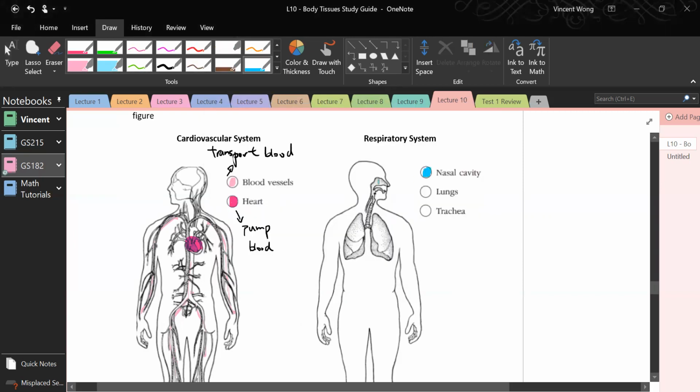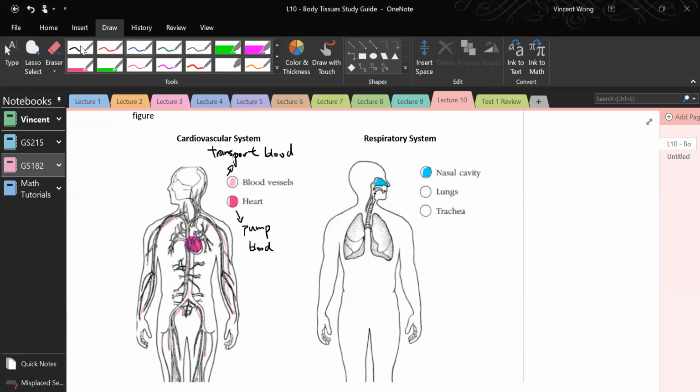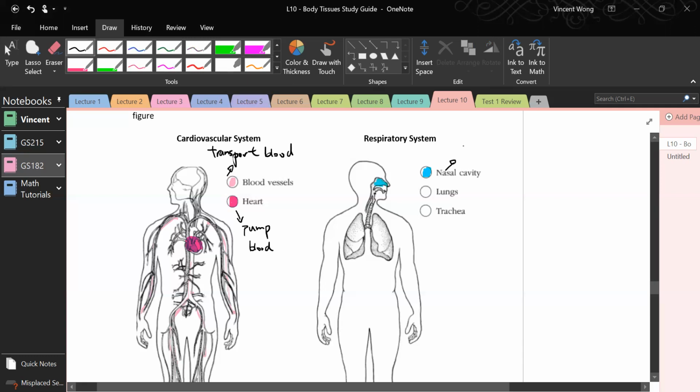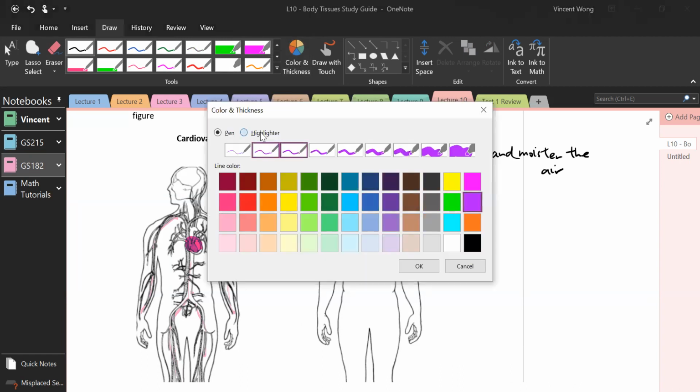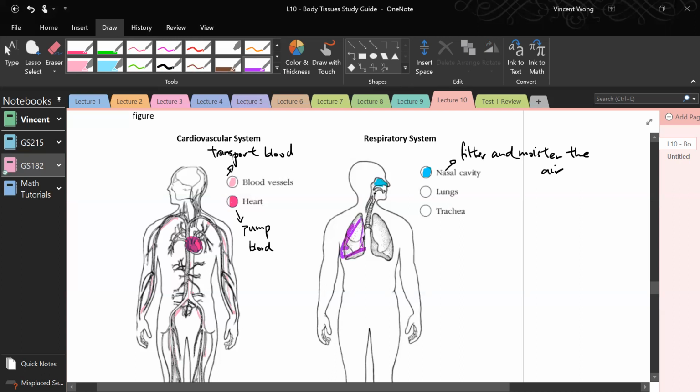Okay, nasal cavity, that's right here. The function of the nasal cavity is to filter and moisten the air that we breathe. We've got the lungs right here.